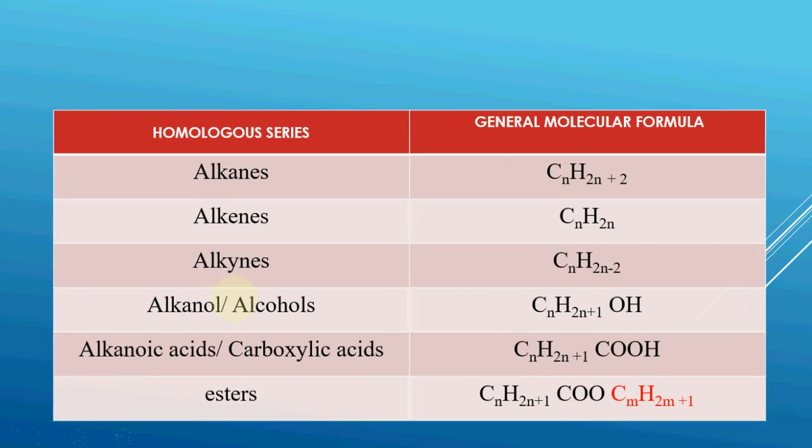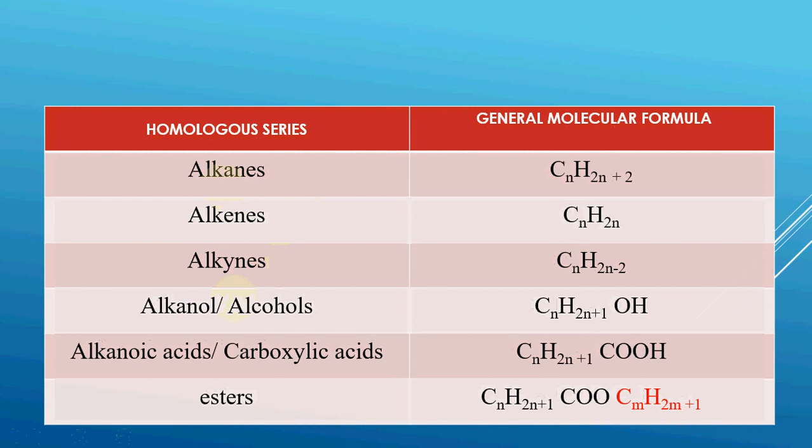Talking of general formulas, for alkanes, we have CnH2n+2. Alkenes, we have CnH2n. Alkynes, though I brought this one, like I said, I won't tackle it, but I brought this one for the sake of multiple choice questions. It is CnH2n-2.